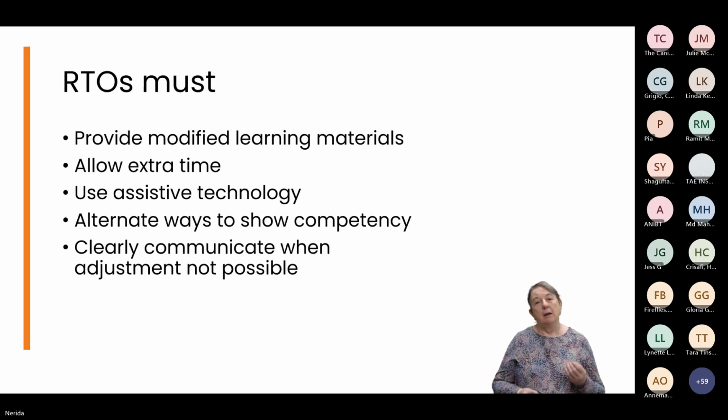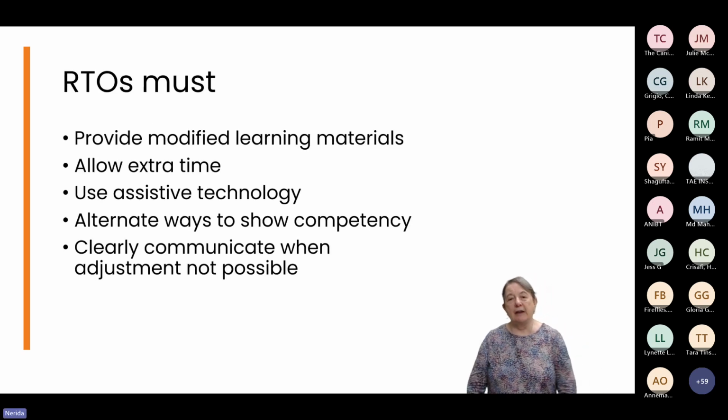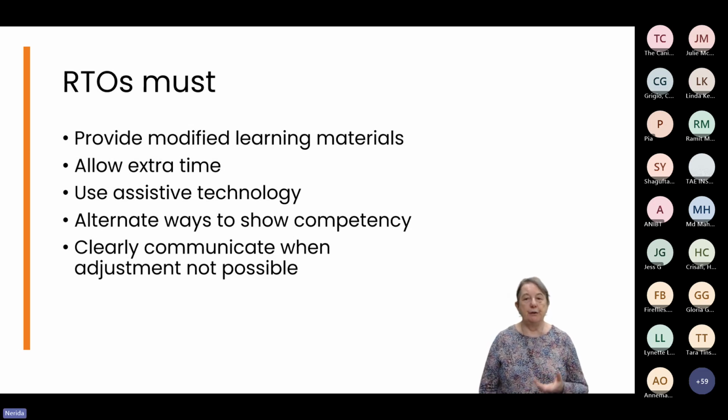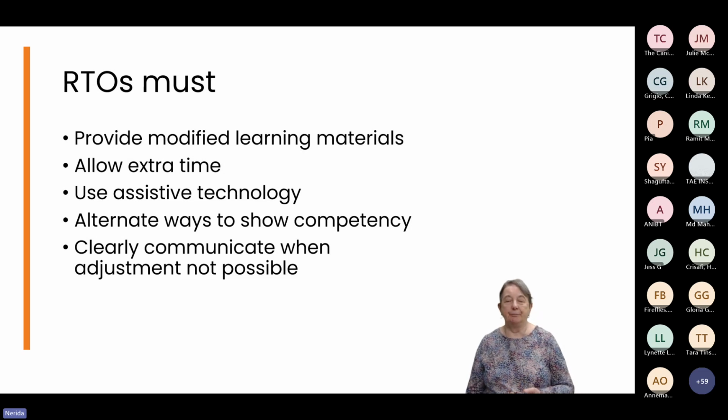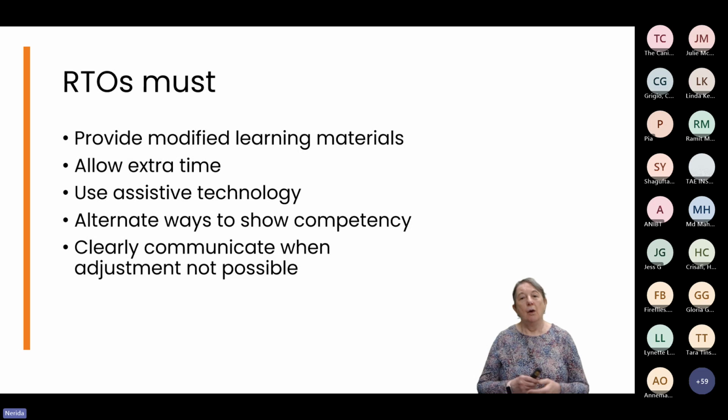So what does Standard 2.4 actually ask of us? In short, be flexible, fair and clear. RTOs need to make it easy and safe for learners to disclose a disability at enrolment or any time during the training, and offer reasonable adjustment to help them participate fully, such as large print, extra time, assistive tech, or different ways to show competency.